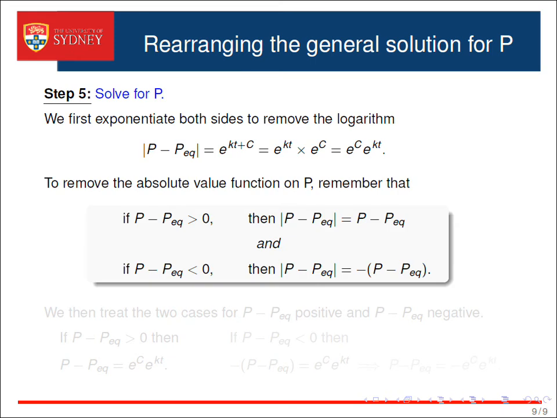Now to remove the absolute value function on P minus P eq, we use the definition of the absolute value and look at the sign of P minus P eq. If P minus P eq is positive, we can just remove the absolute value signs. If P minus P eq is negative, we have to multiply P minus P eq by -1 to make it positive.